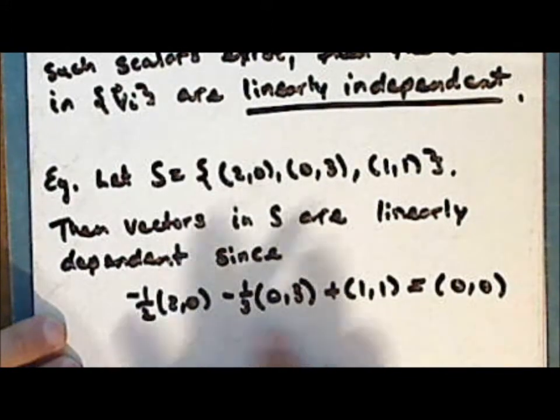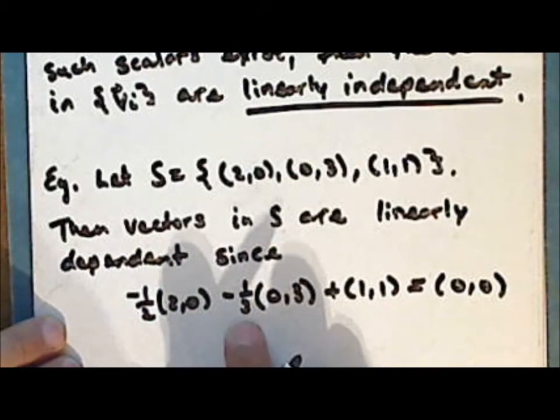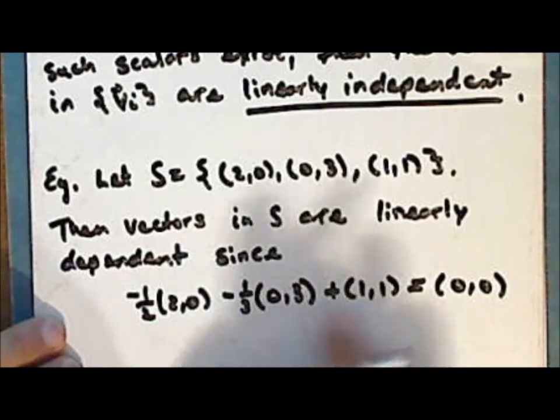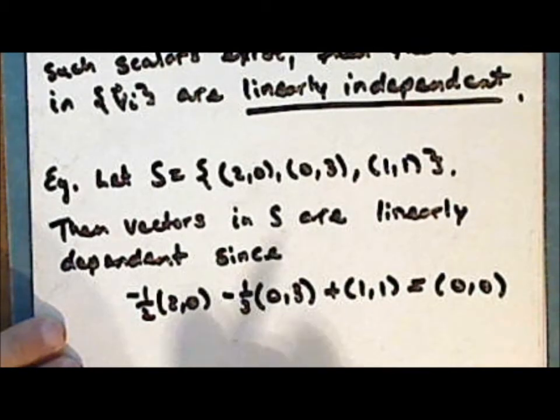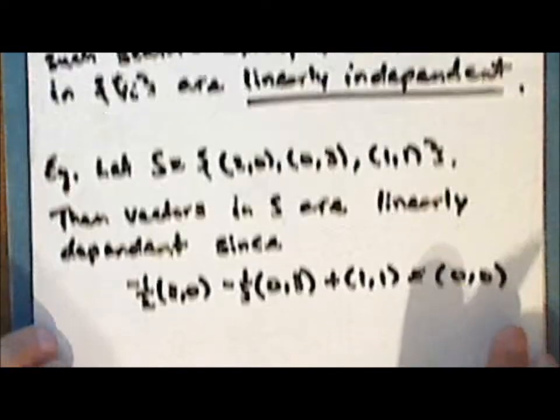So there do exist scalars, namely negative 1/2, negative 1/3, and 1, for which the linear combination of the vectors in the set S gives the 0 vector.